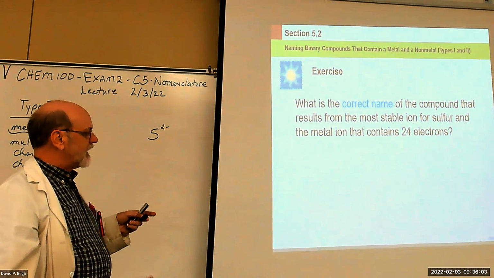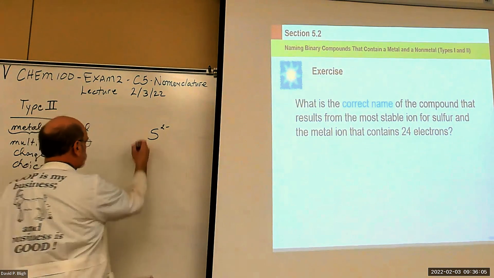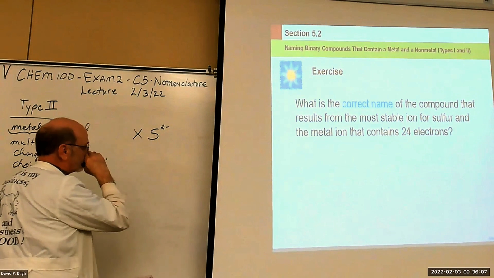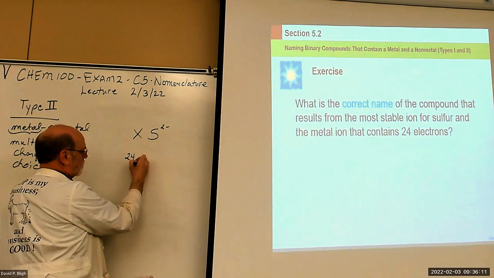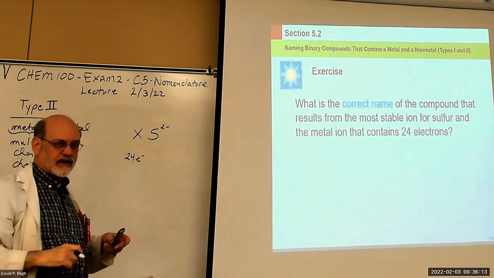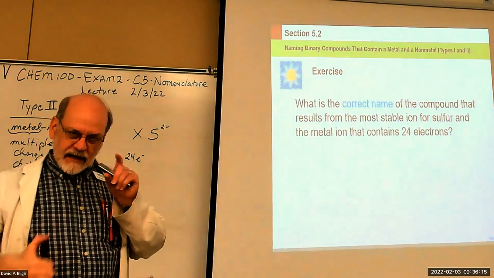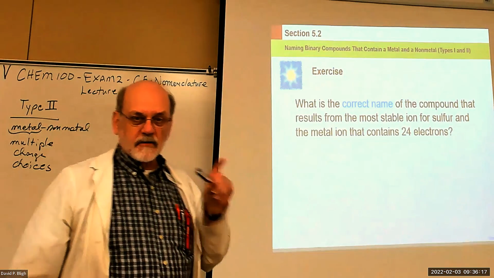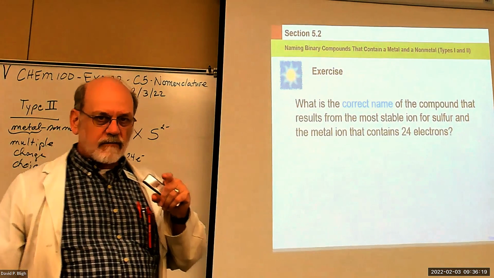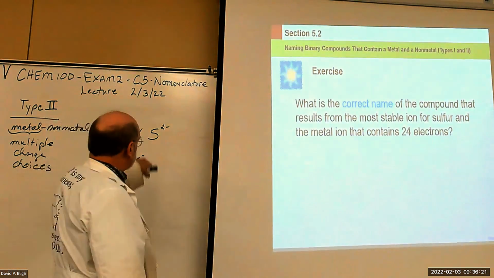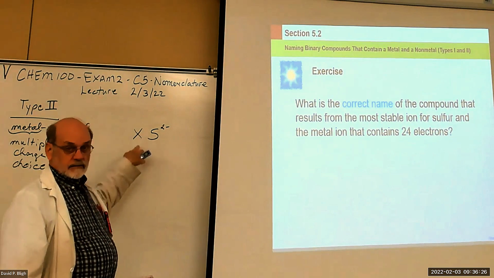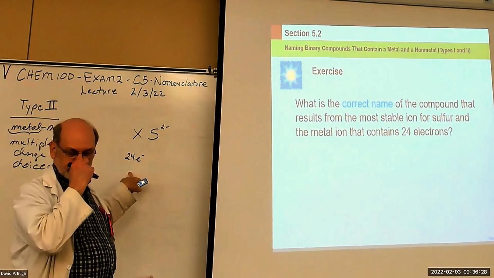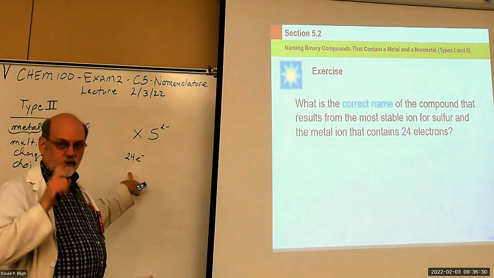And that metal has 24 electrons. Here's the trick to this problem. We have to make an assumption. If there are more than one of these, then that will influence what this is. So we have to assume there's only one.